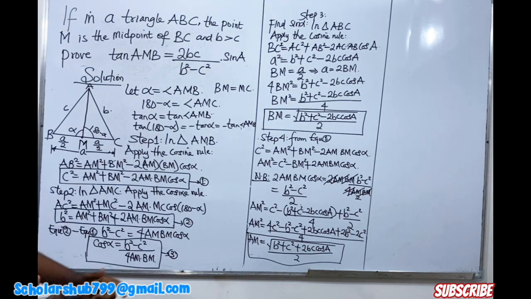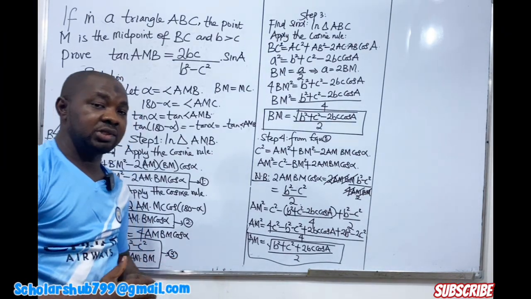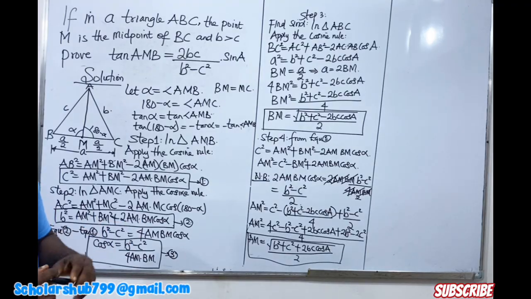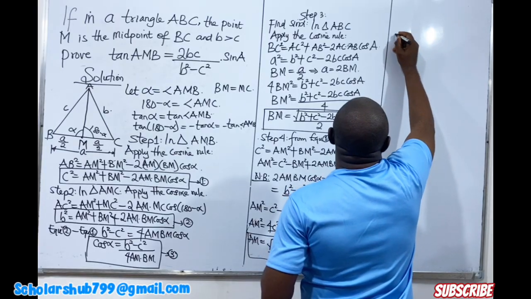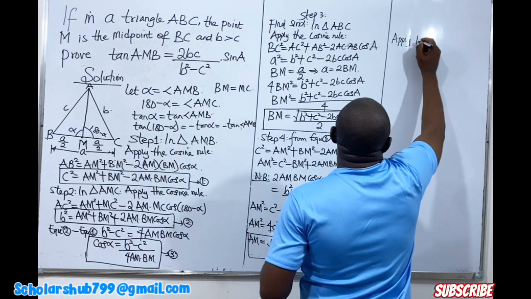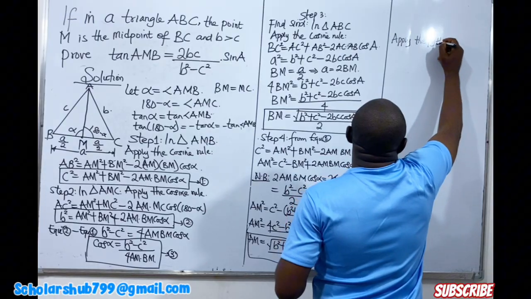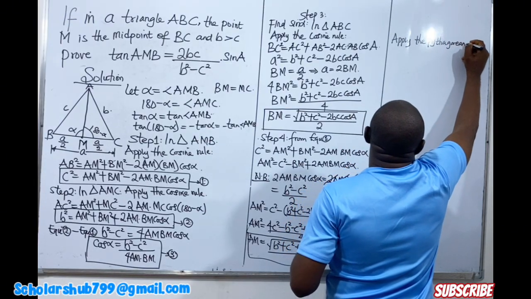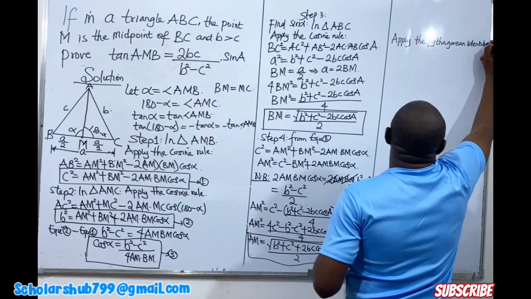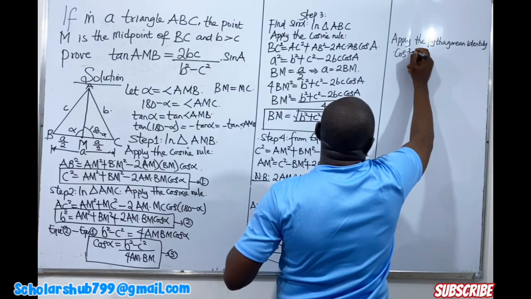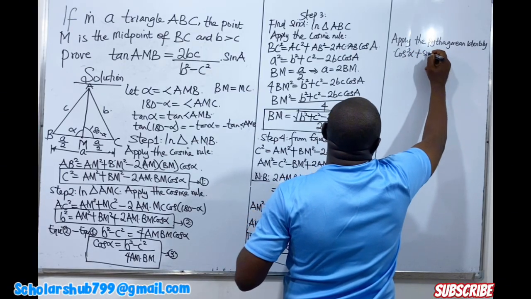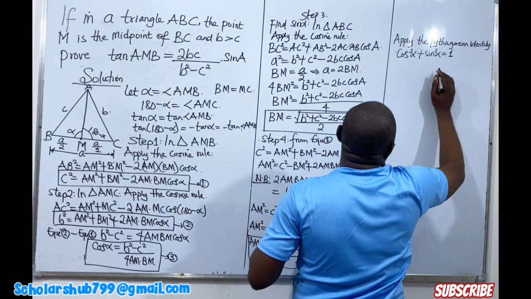Now we've gotten AM and BM. Now we can apply one of the Pythagorean identities to obtain the equation for sine. Since the angle is alpha, cos squared alpha plus sine squared alpha is equal to 1.